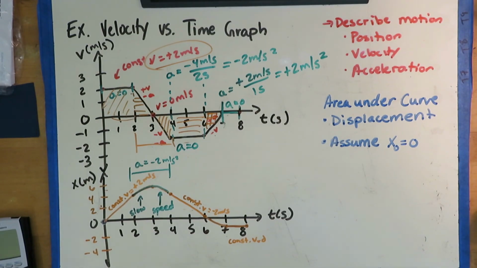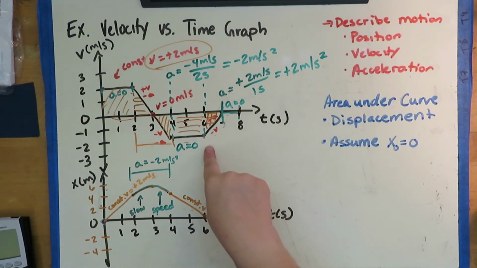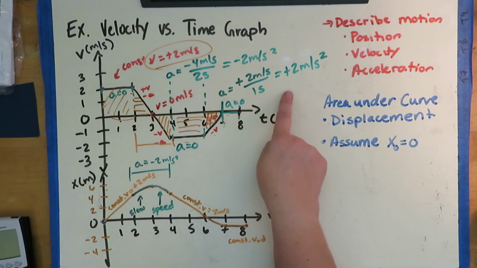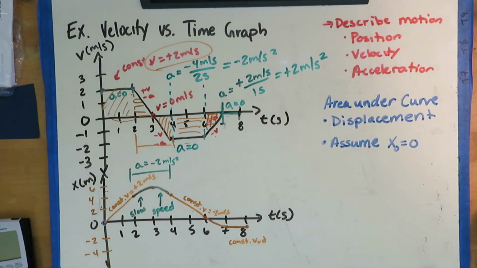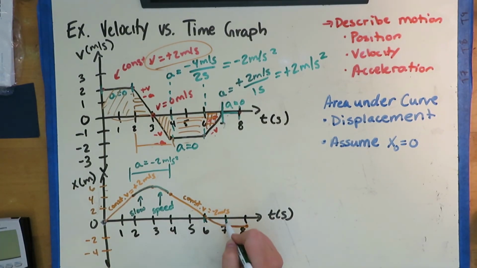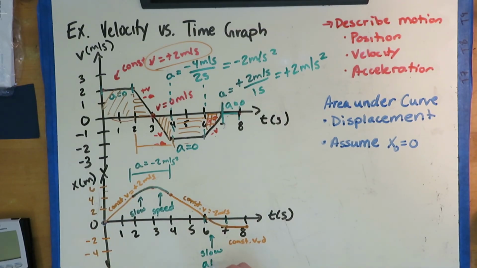Oh, wait, I did my math wrong. Half of 2, 1, oh wait, no. Yeah, my acceleration is +2 meters per second squared. So the acceleration in this section, which represents slowing again, has a constant acceleration of +2 meters per second squared.